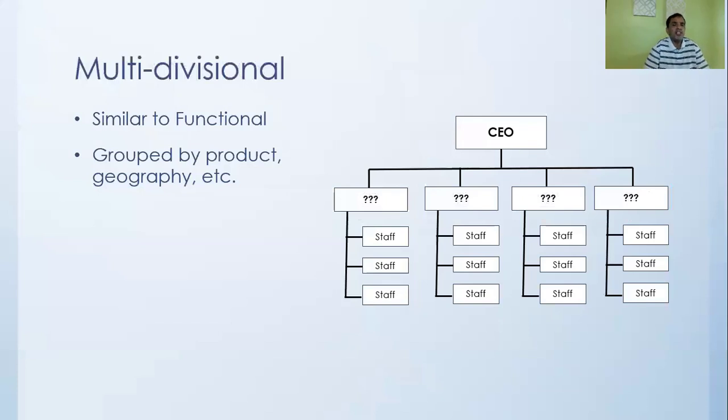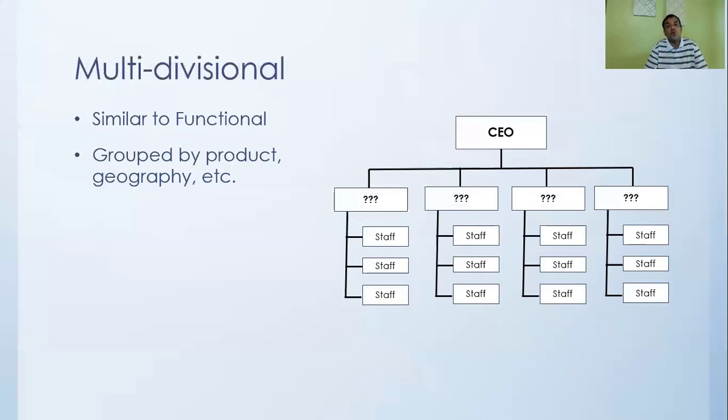Let's say there's a very large organization, and so they might have one by geography. For example, one North America group, one South America group, one maybe Europe group, one Asia Pacific group, one Africa and Middle East group. So they can be grouped based on geography. And if there are products, again, it might be by product.